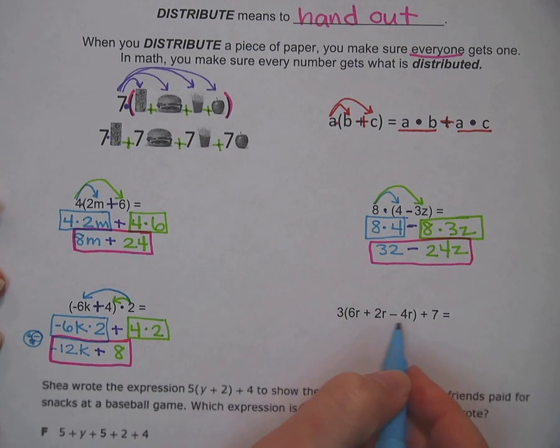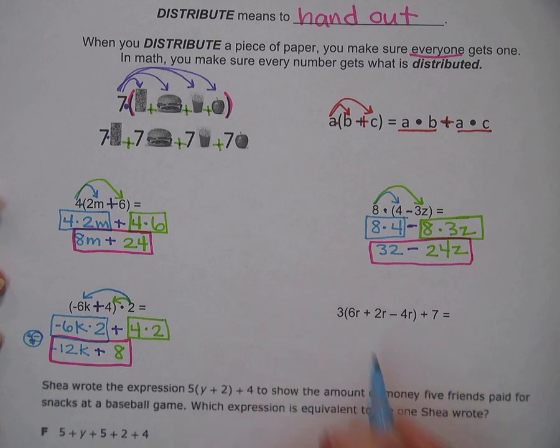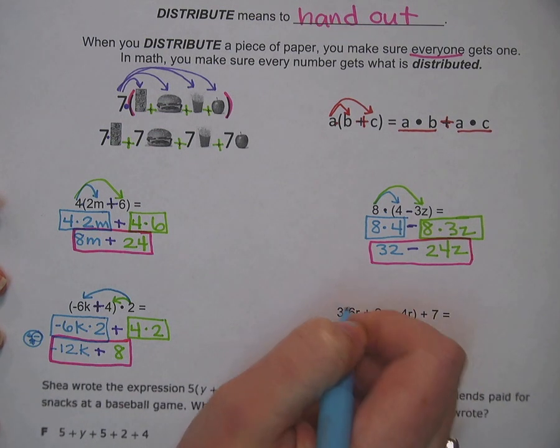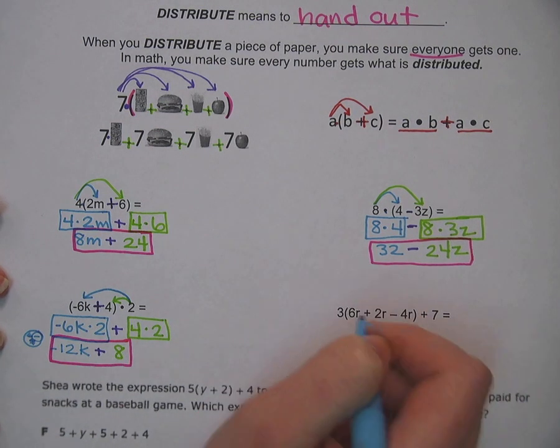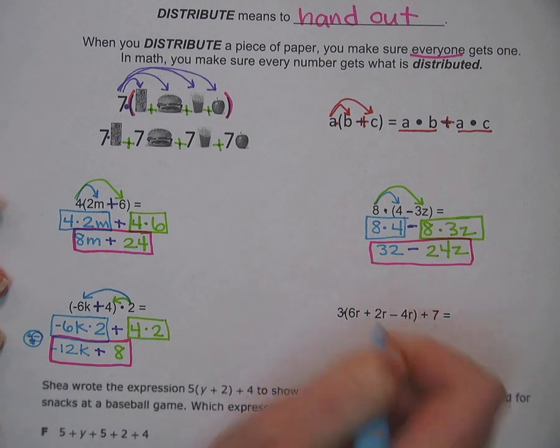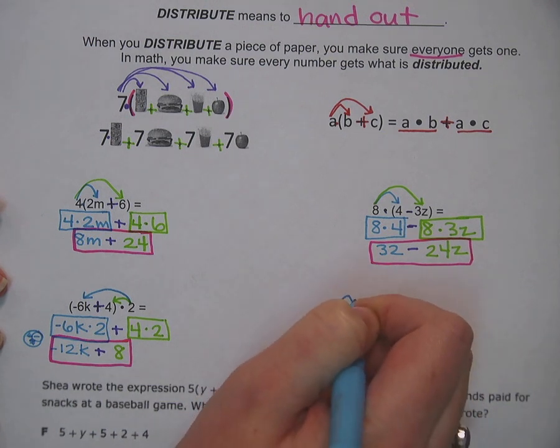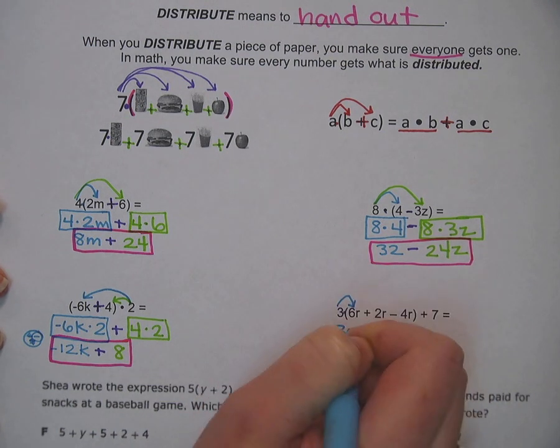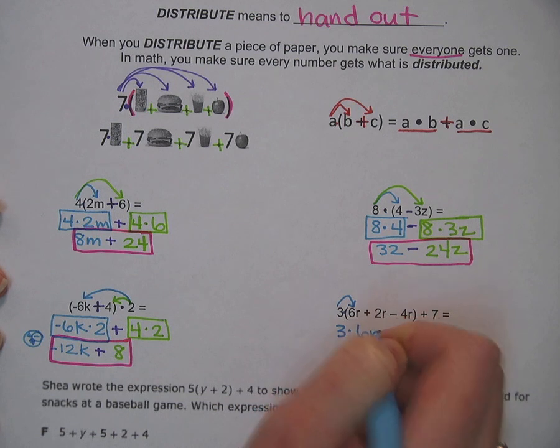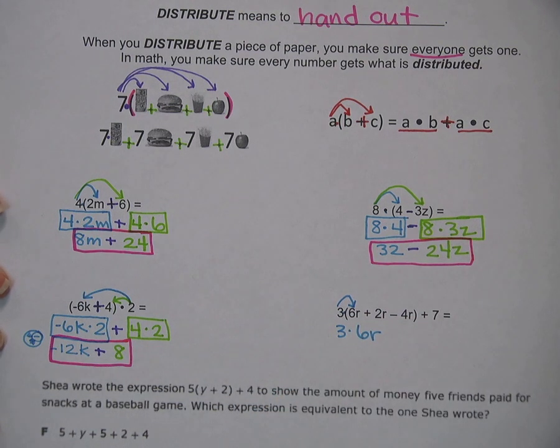So I'm going to look here. I have my 3 on the outside, and I am going to distribute it into the inside. So I'm going to give it to everything. Remember, we have a multiplication sign there. So this is 3 times 6r. That is my first piece.